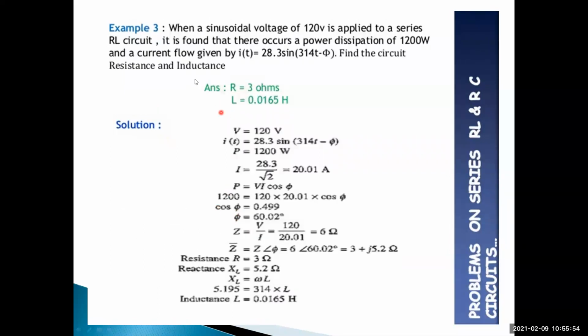And the next problem. When a sinusoidal voltage of 120 volts is applied to a series RL circuit, it is found that there occurs a power dissipation of 1200 watts and the current is given by i(t) equals 28.3 sine of (314t minus pi).